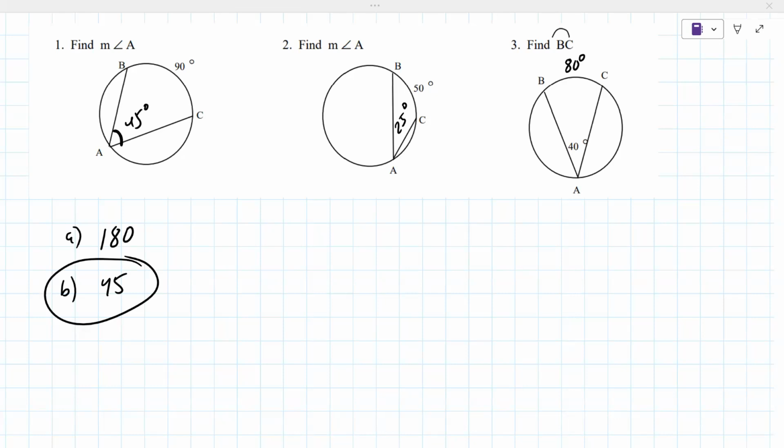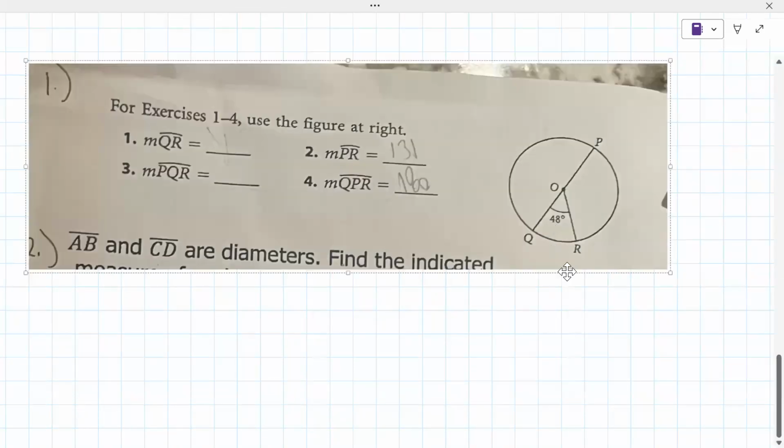Okay, so we have enough now to look at number one, which is related to what we've been doing here. Can you tell me about the arc measure Q to R based on this angle here? What kind of angle is this?